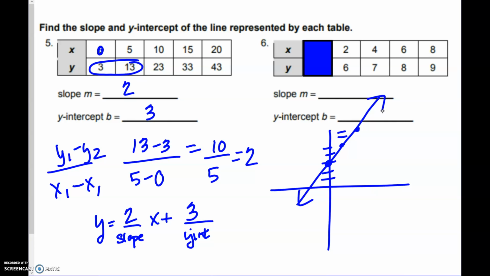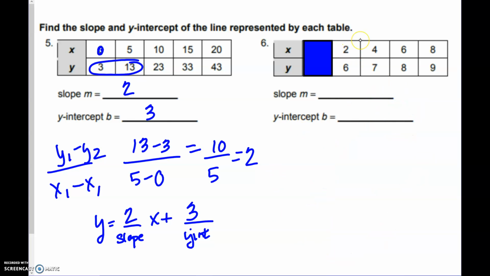Alrighty, let's go on to the next one. So we extended that one just a little bit here, to get some knowledge going here. So find the slope and find the y-intercept. Well, it doesn't look like we have a 0 anywhere here, but can we keep this pattern going? 8, 6, 4, 2, what would the next number be?